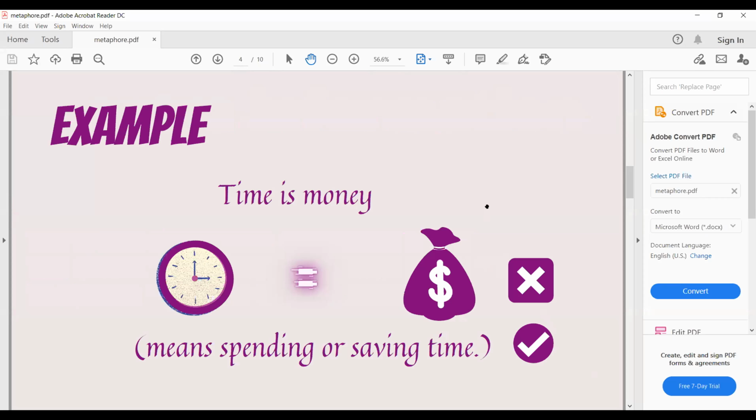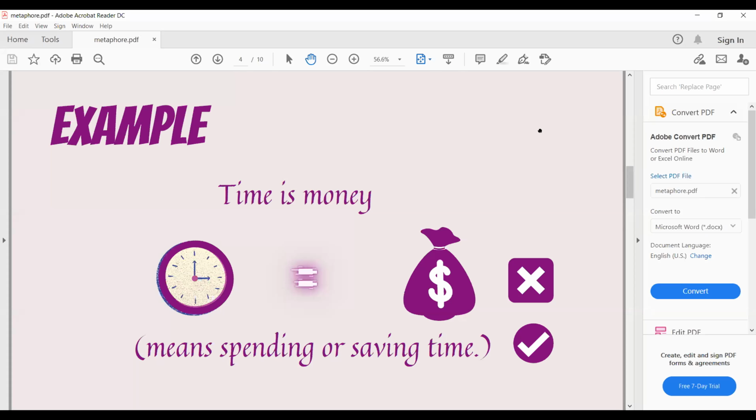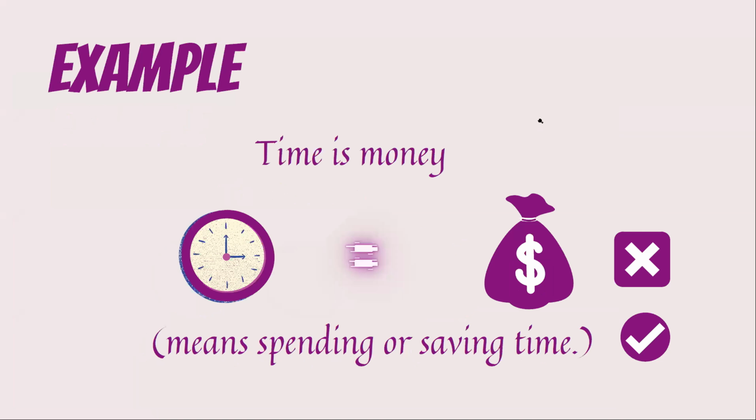So if we look at the money, we know that money has more than a literal meaning. Here, the money means spending or saving time. So in reality, like when we say, what time is it? You don't answer me 5 JDs.